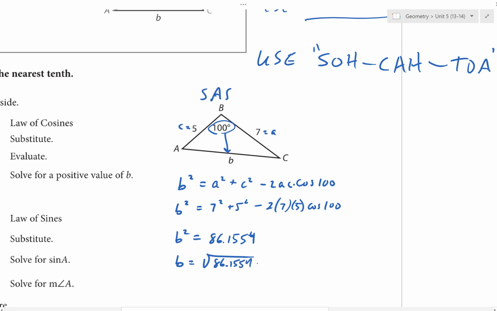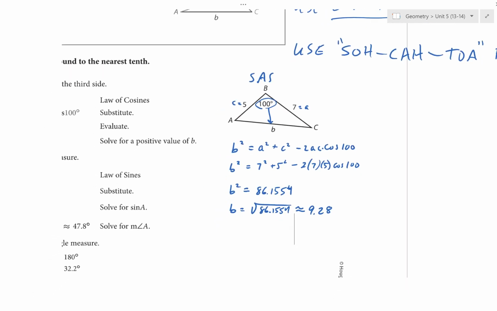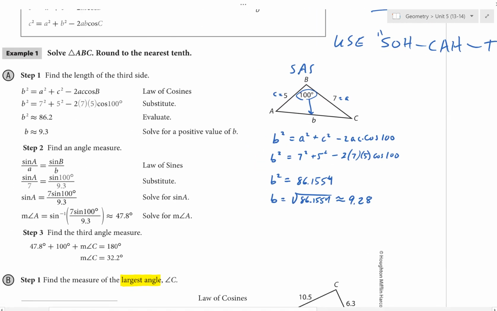So if you just take the square root of that last answer that you got, you get b equals 9.28 approximately. So we have side b now is 9.28, or 9.3 if you round to the tenths place.